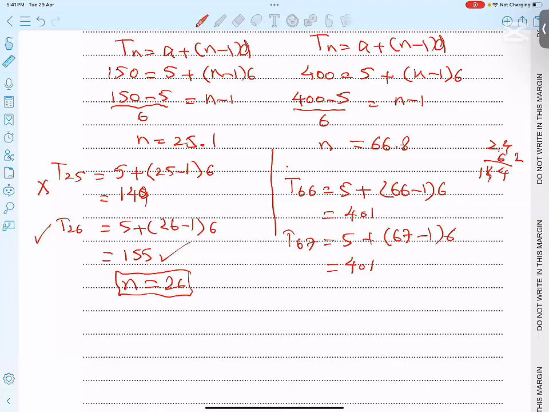And if I check with the 65th, I get 395. So 395 is not acceptable, and this is acceptable. So it means n is coming from here, 66.